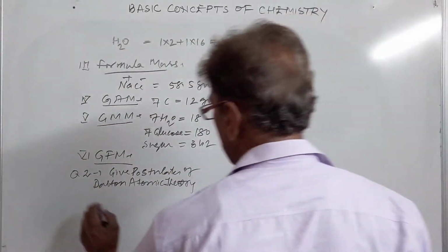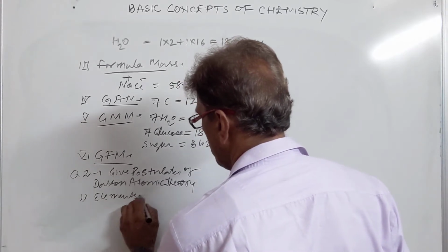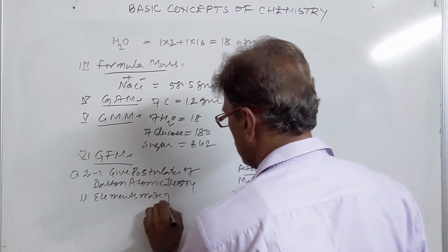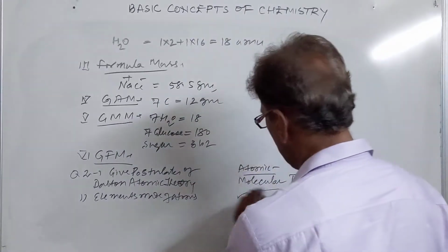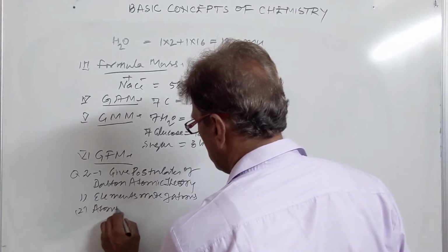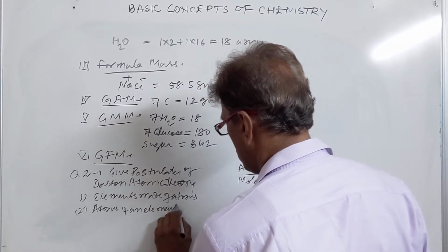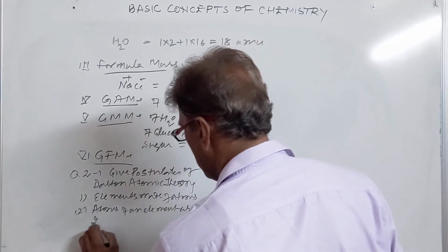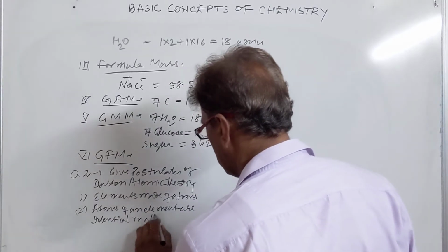So the first postulate of Dalton was elements are made of atoms. This is okay in the modern theory. Then atoms of an element are identical in all respects.